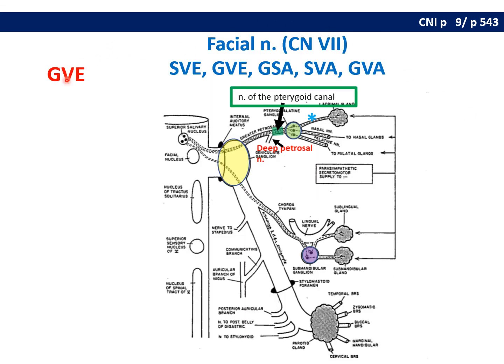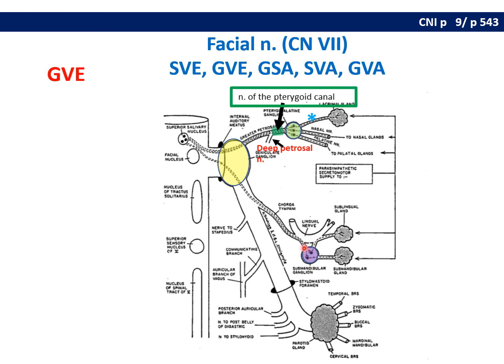All right, so now I want to talk about the GVE fibers. And again, whenever you see these GVE, you should automatically start thinking about sympathetics and parasympathetics. You don't need to know this nucleus, but you do need to know that these facial nerve fibers go through the geniculate ganglia, and then through the chorda tympani, become the chorda tympani, and then hop on the lingual nerve where it encounters the submandibular ganglion.